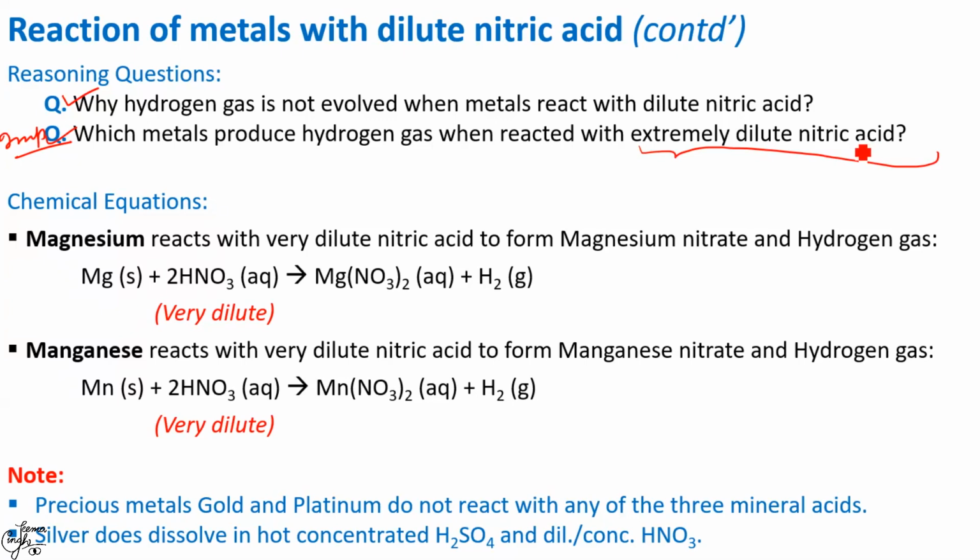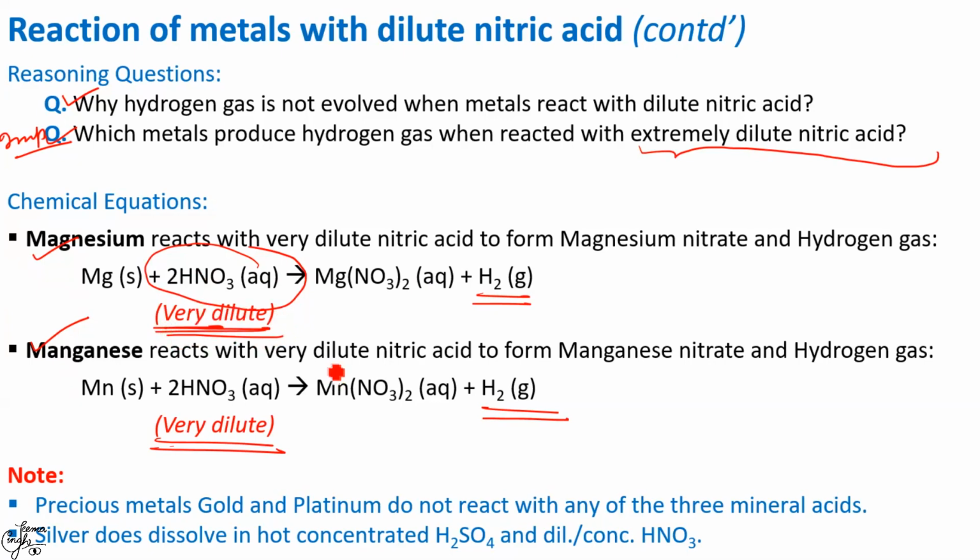There are exceptions. Magnesium and manganese metals do react with extremely dilute nitric acid to produce hydrogen gas instead of water. But here you need to take care that the nitric acid used for the reaction is very, very dilute.